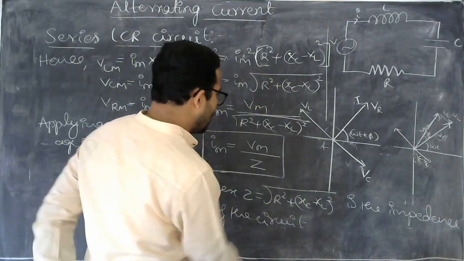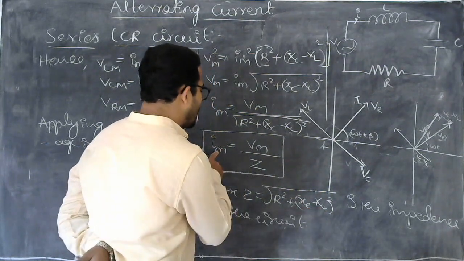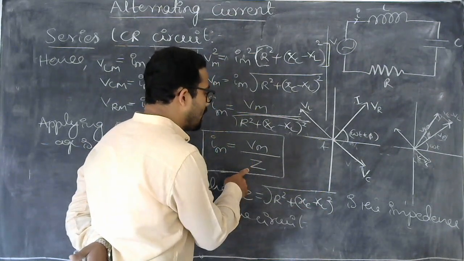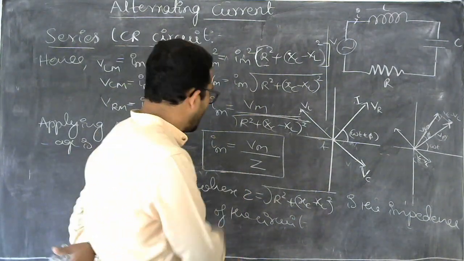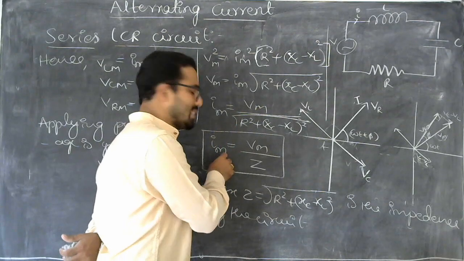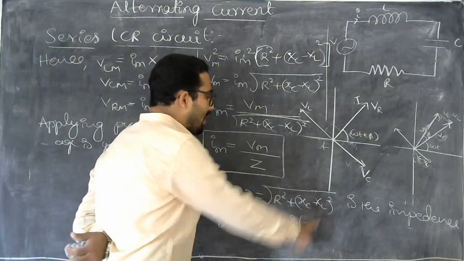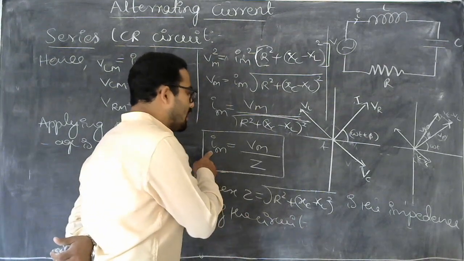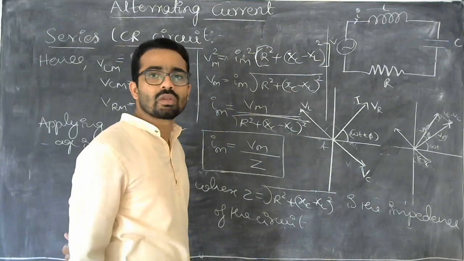So if Xc and XL are equal, then current is equal to Vm divided by R. So the value of current increases. If Xc is equal to XL, then there is a maximum current flow in the circuit.